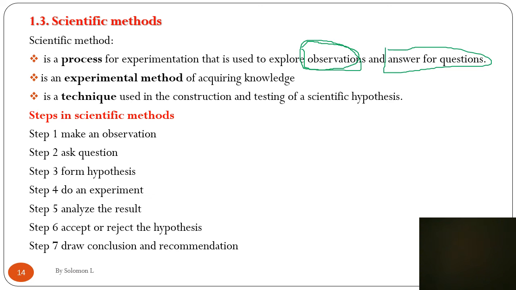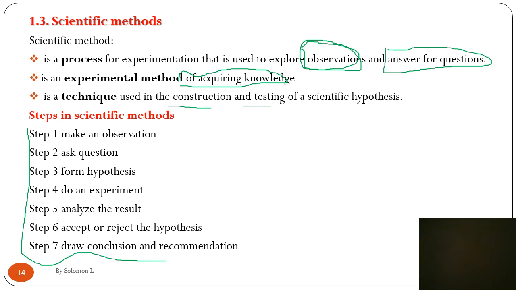It is also an experimental method that is used to acquire different knowledge, and it is a technique that is used in the construction and testing of a scientific hypothesis.